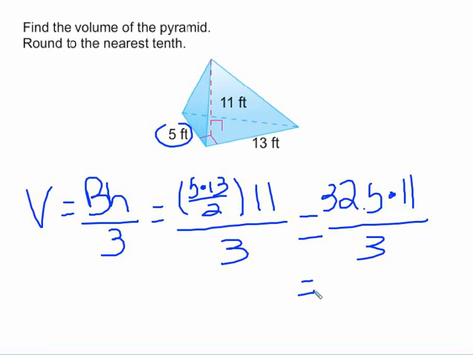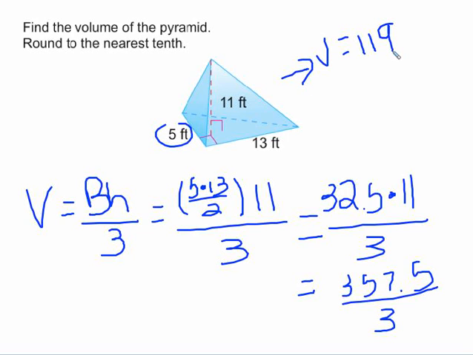Well, 32.5 multiplied by 11 is 357.5. And then the final step is to divide that by 3. So my final answer is volume equals 119, and we're rounding to the nearest tenth, 0.2 cubic feet.